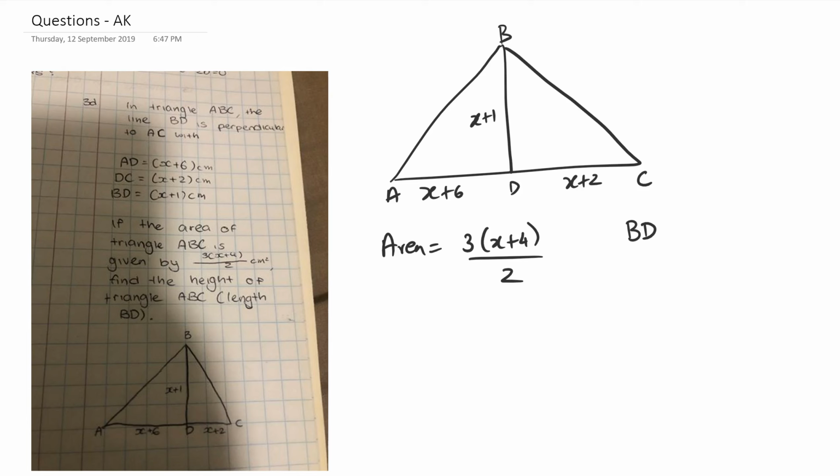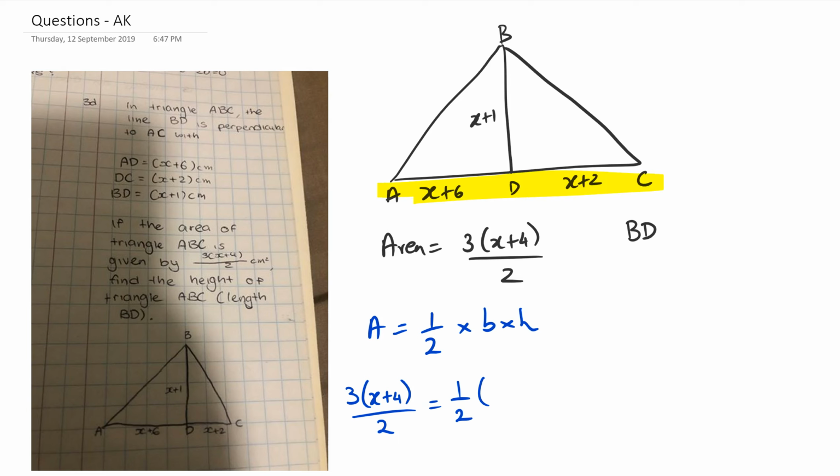So let's have a look at this. The area of a triangle is equal to half times base times height. Now we know what the area is equal to. So we've got 3 times x plus 4 over 2 equals a half multiplied by the base. Now remember, the base is actually the entire length of AC, this whole length here.